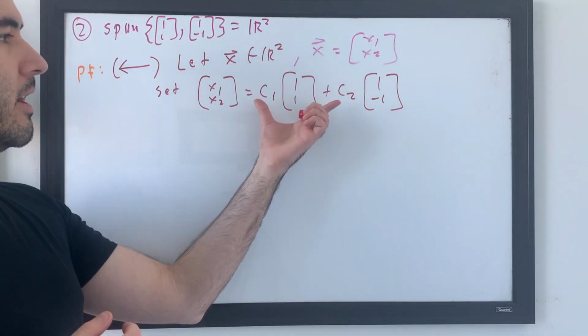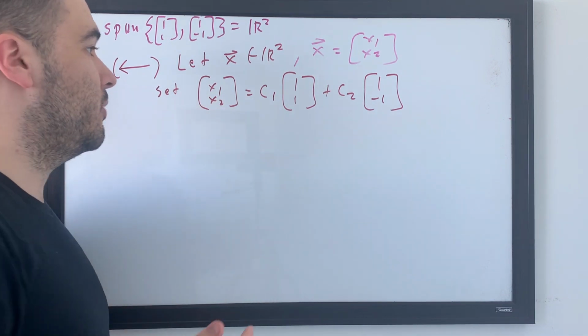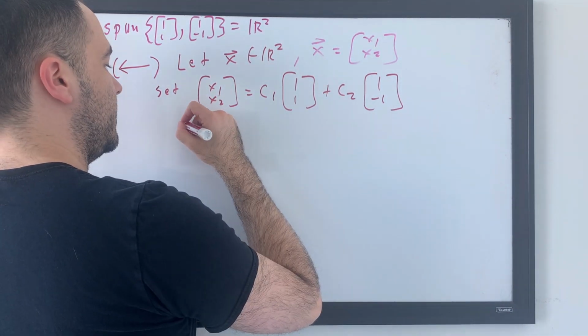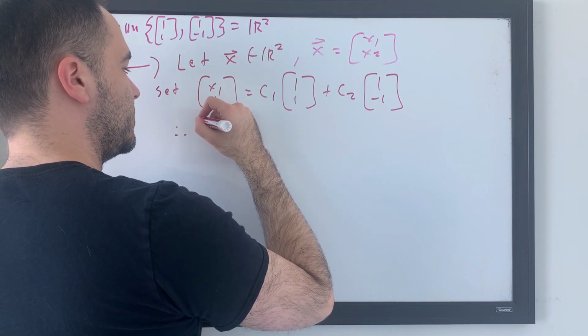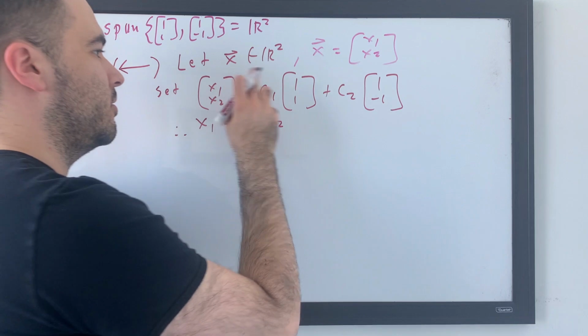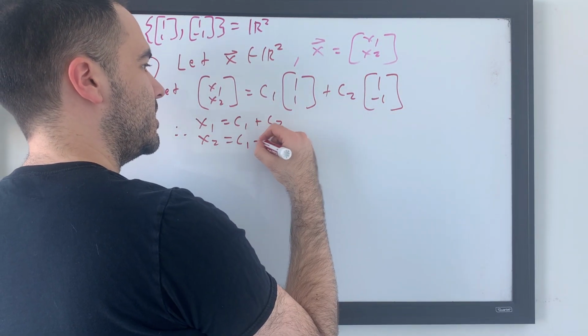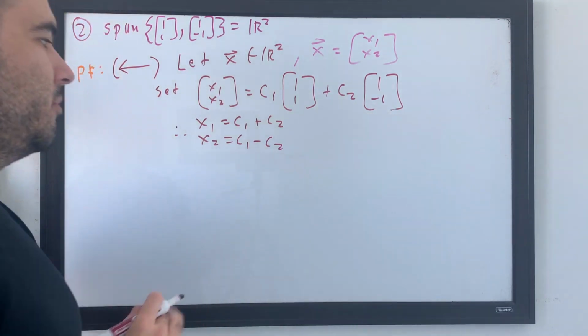And now we just need to find C1 and C2 in terms of x1 and x2, and we will be good. Splitting these up into equations, we'll get x1 is equal to C1 plus C2, those are the top ones, and we'll get x2 is equal to C1 minus C2 for the bottom.